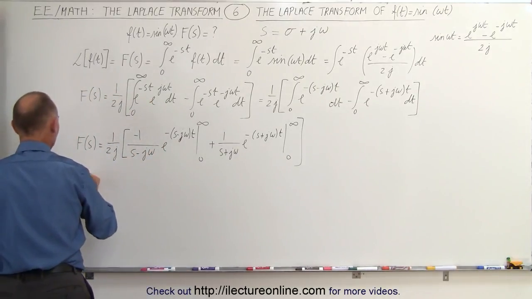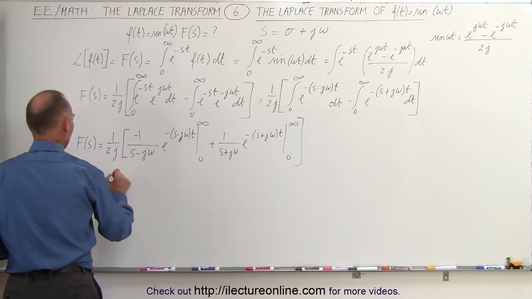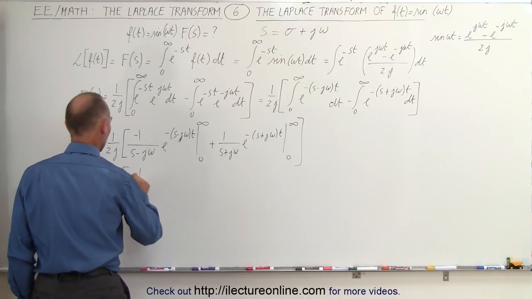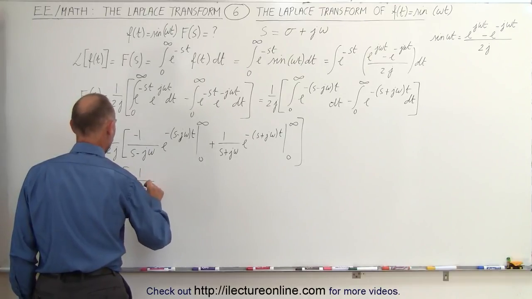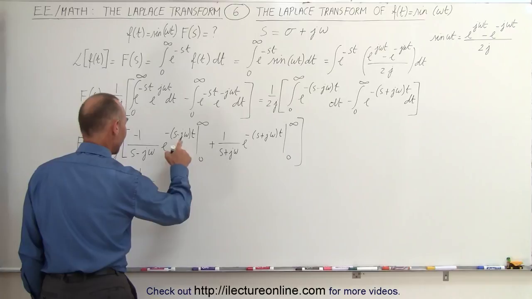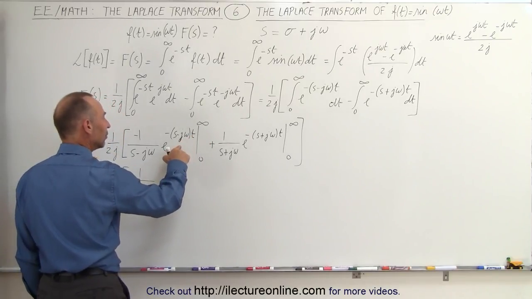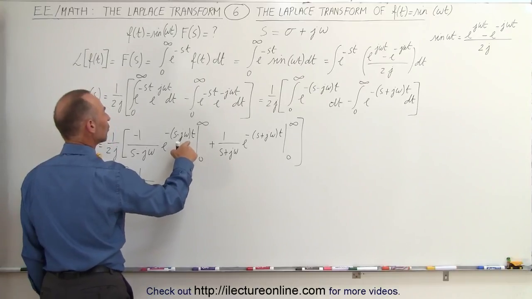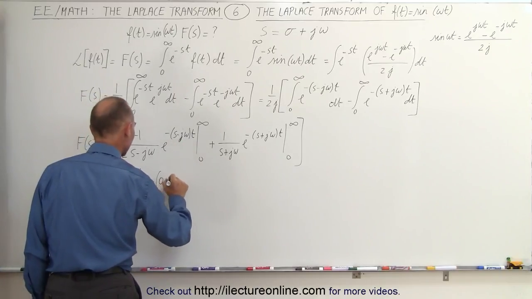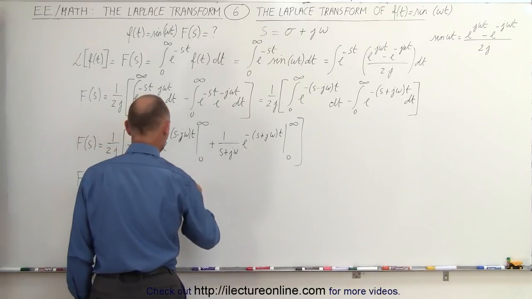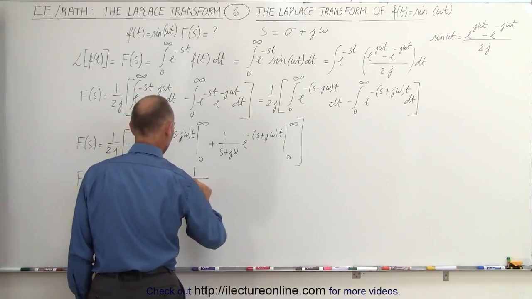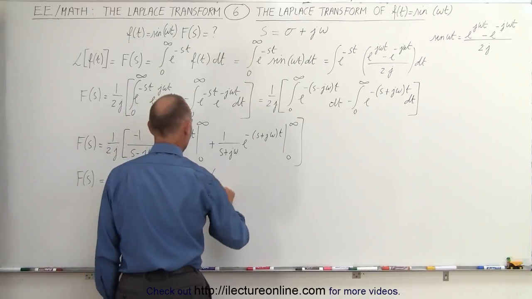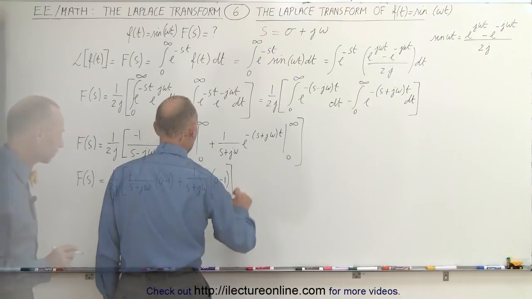So this becomes F of s equals 1 over 2j times minus 1 over s minus j omega times, when we plug in the upper limit, we get e to the negative infinity, which is 0, minus e to the 0, which is 1. So we get 0 minus 1. And then here we get plus 1 over s plus j omega, and the same thing again, times 0 minus 1.